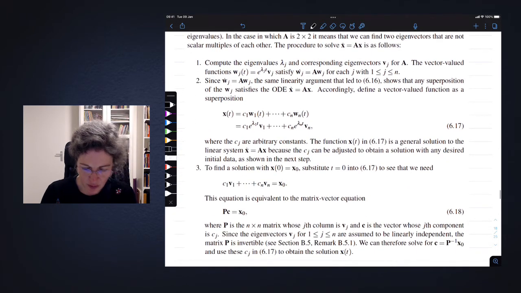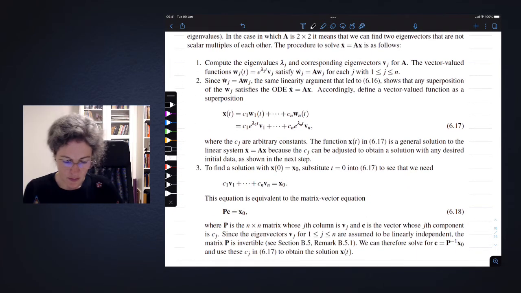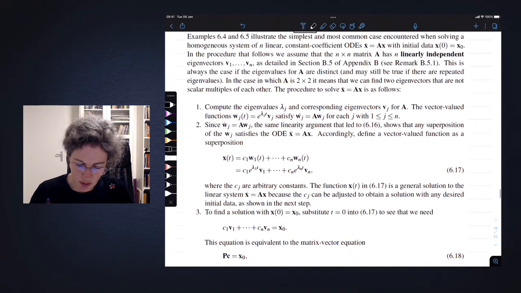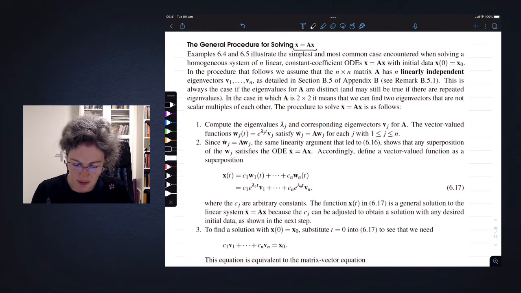It's summarized over here, reasonably straightforwardly. So you probably need to run through this a couple of times, but what we did was we just followed this procedure. So we wrote our system of DEs in this form over here.